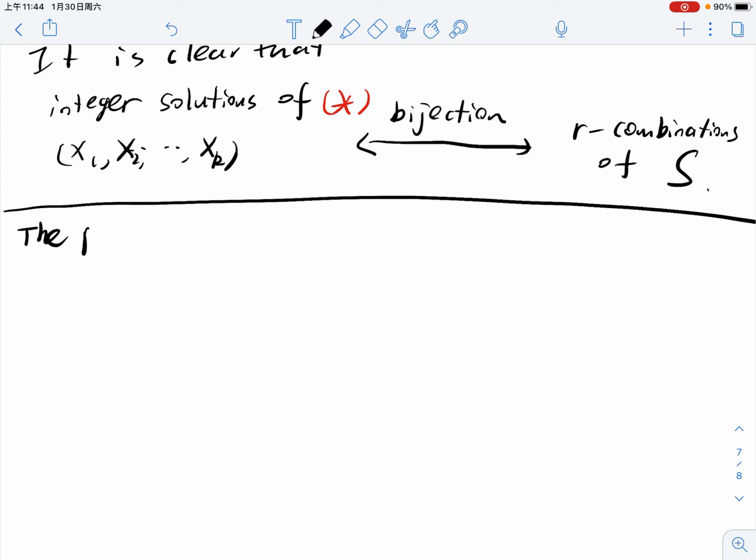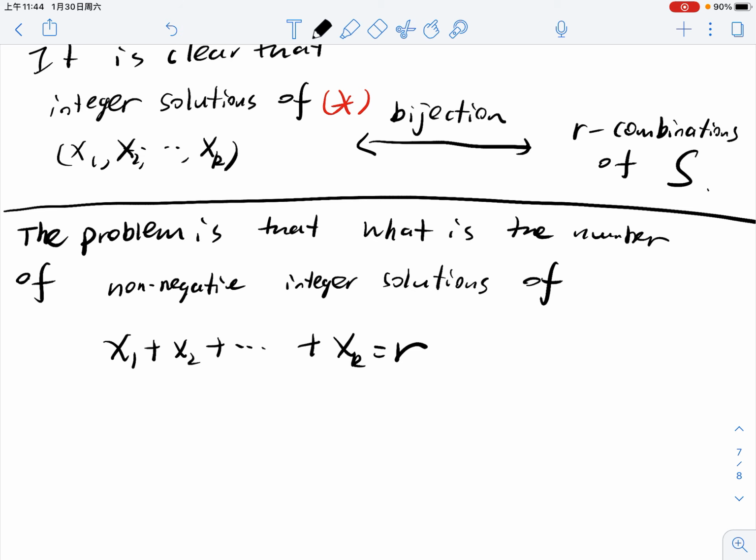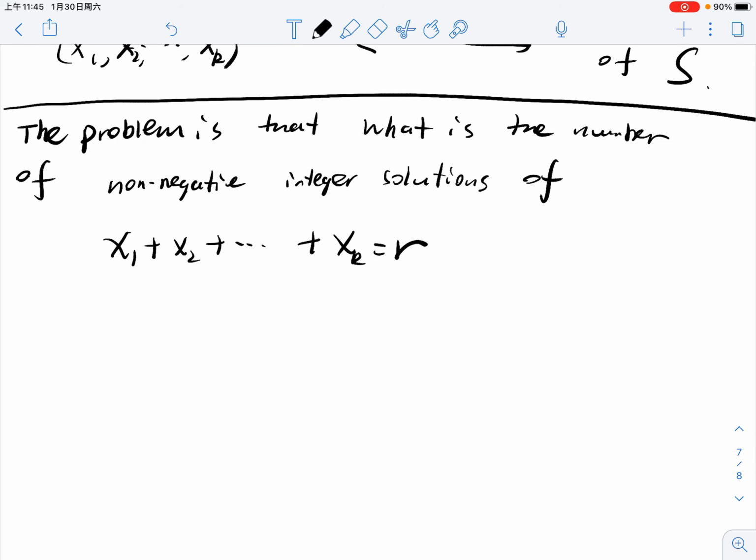So the problem is: what is the number of non-negative integer solutions of the following indeterminate linear equation?